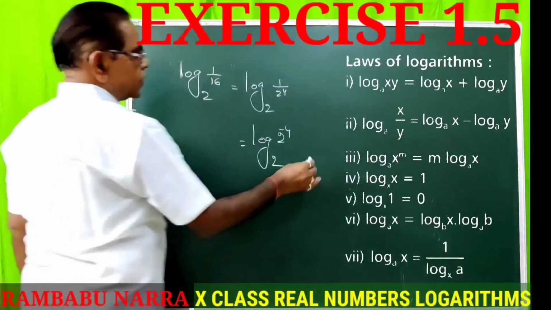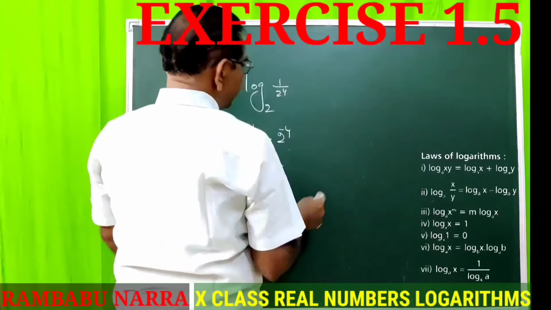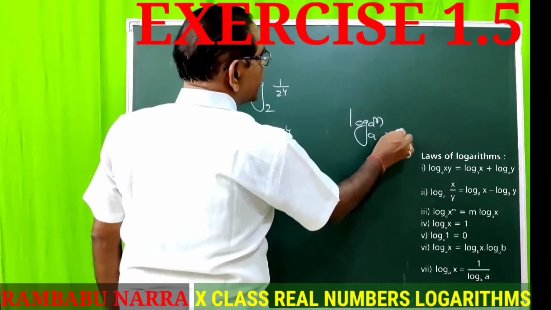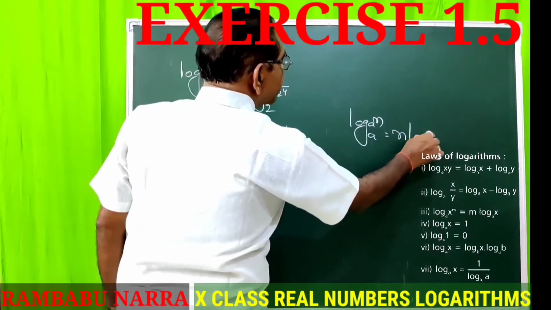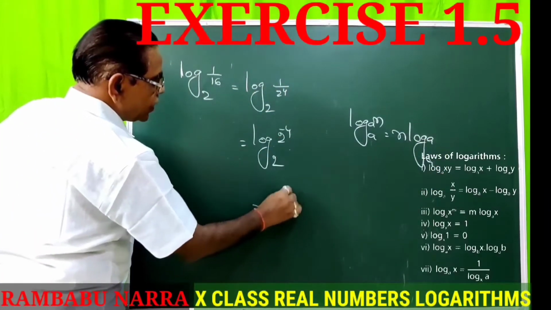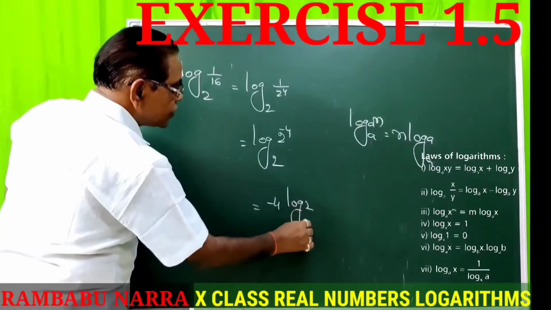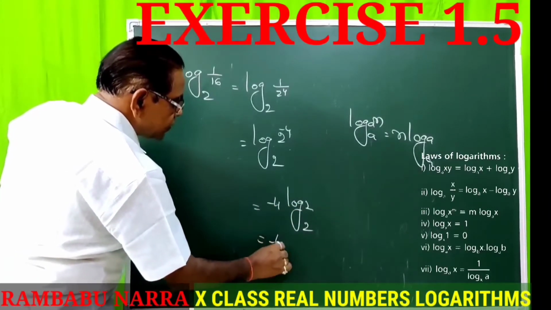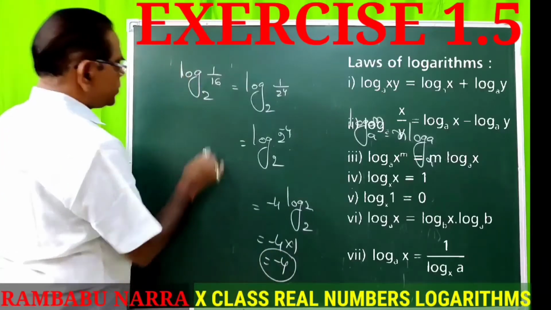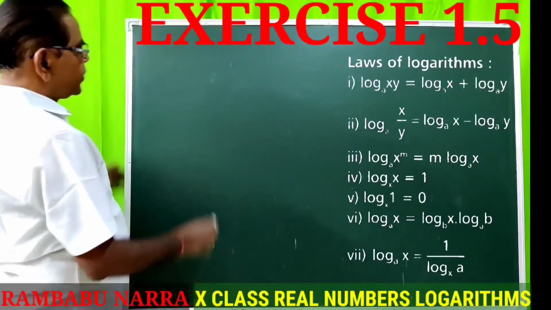We use the law log a to the power of n base a equal to n log a base a. Therefore minus 4 into log 2 base 2 equal to minus 4 into 1, the value is minus 4. We solve one more problem.